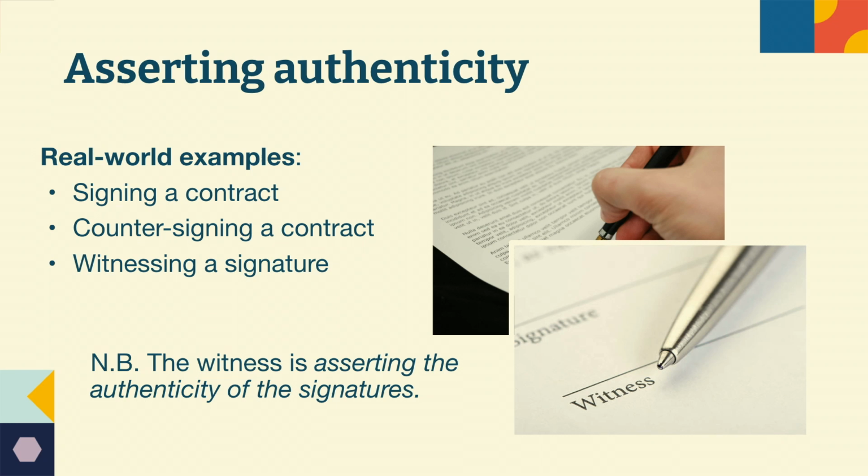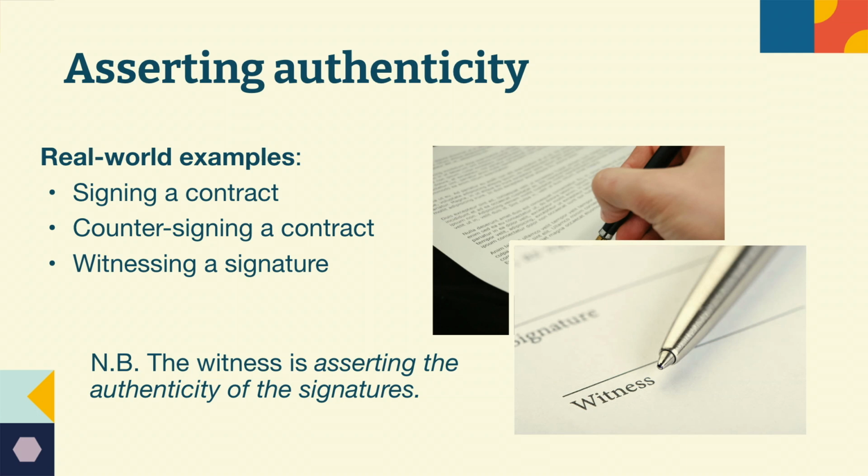So another example of a type of signature is on contracts. Often on contracts we'll have one or two signatures from the parties that are actually being bound by the contract. But we have another type of signature on contracts, which is a witness signature. The witness in this case is not bound by the contract.